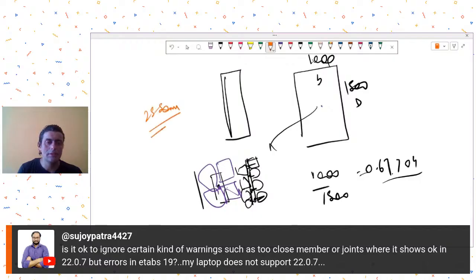In this tolerance limit, you should check and see if there is any presence of duplicate nodes, and if there are any warnings given by ETABS, that means there are some modeling issues which you need to rectify.